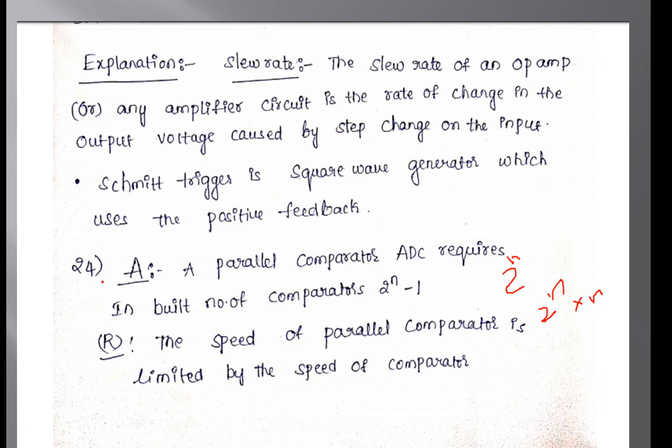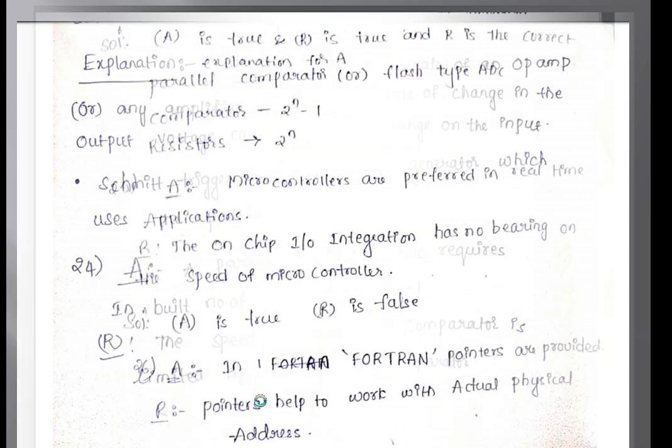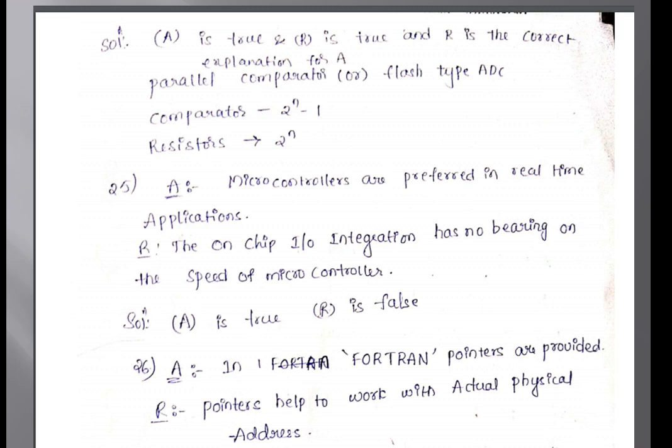So the assertion is correct. And in the reason they have given that the speed of the parallel comparator is limited by the speed of the comparator. This is also correct. So the assertion and reason are true, and R is the correct explanation for A. For the parallel comparator or flash type ADC, the comparators required are 2 power n minus 1, the resistors required are 2 power n, and the priority encoders required are 2 power n into n.